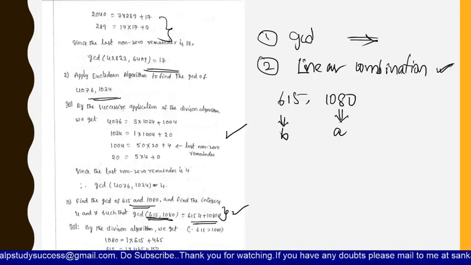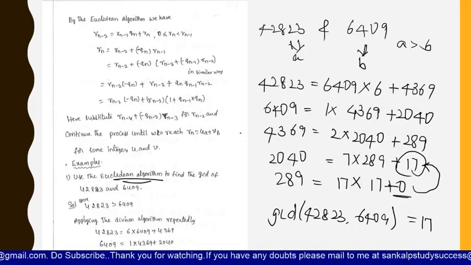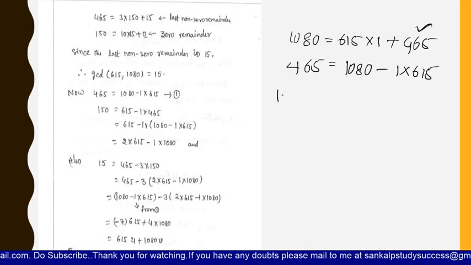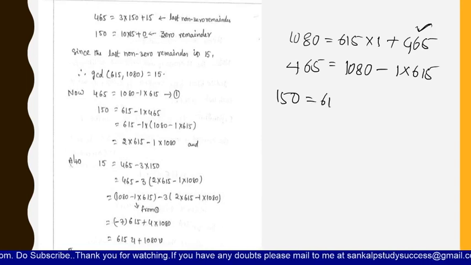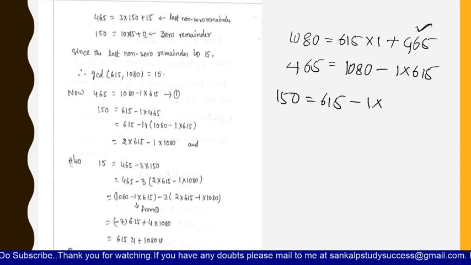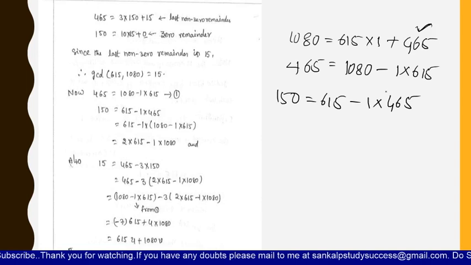Now, we also have the second one. From here, you can write 150. 150 is equal to 615 minus 1 into 465. True.